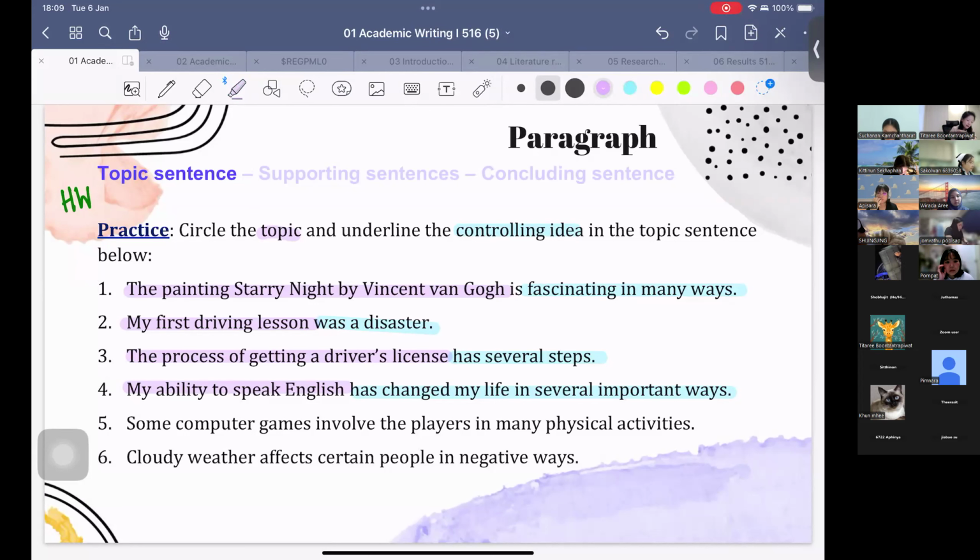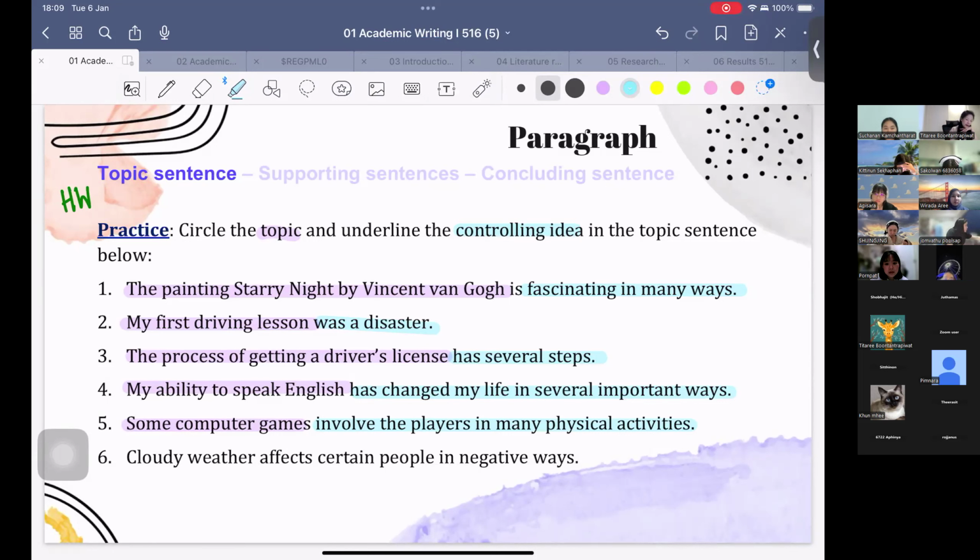Number five, some computer games. That would be the topic. The controlling idea would be involve the player in many physical activities. So in this sense, the topic would be computer games, and the controlling idea would be focusing on explaining how this is related to physical activities.